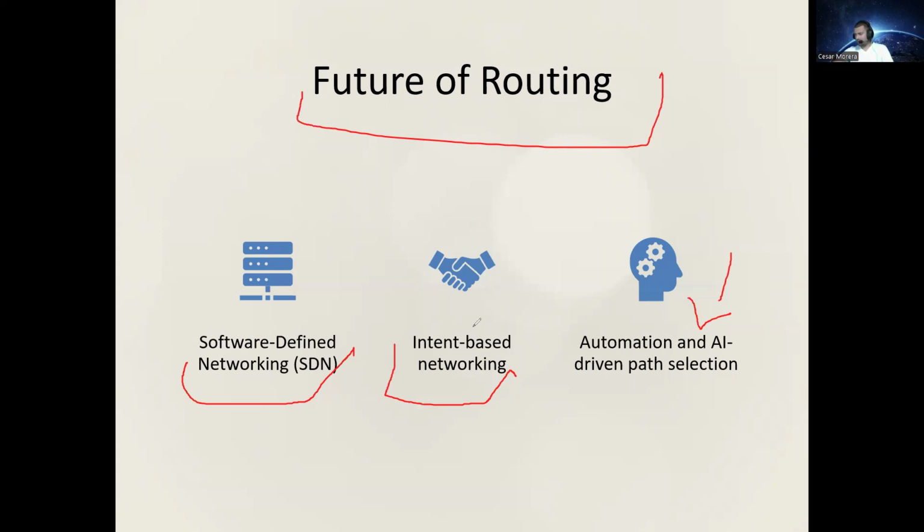Now, the only one that I would like to learn a little bit more about is this one, intent. So let me ask the question: what is intent-based networking? I want to clear that out.